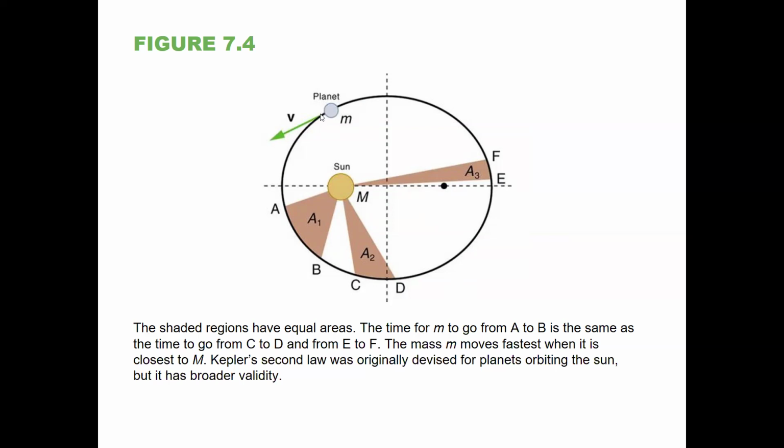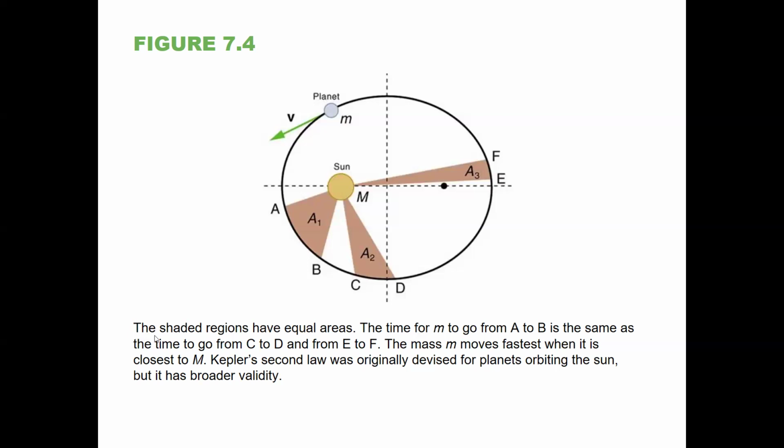So here it's pointing in this direction. Here it is not going to be pointing in the same direction. It's going to be pointing in this direction. So there's always an instantaneous vector of velocity that is pointing to us at which direction this planet is moving, with that speed at which it's moving.